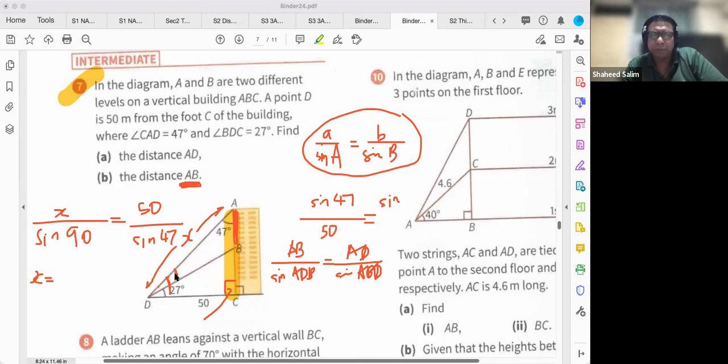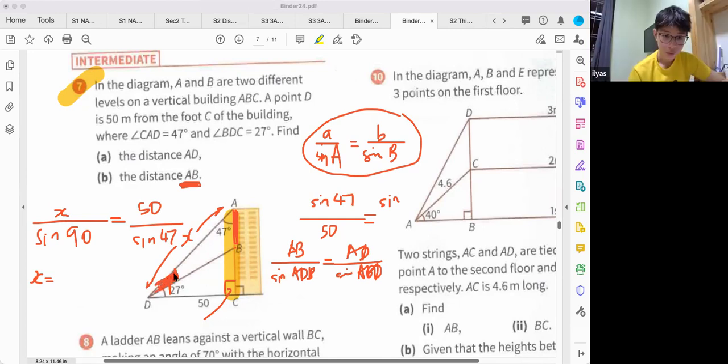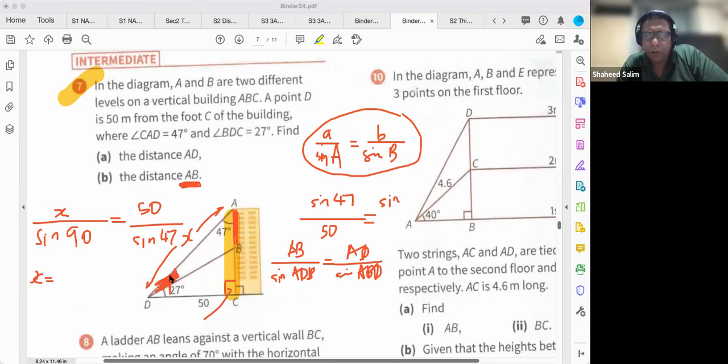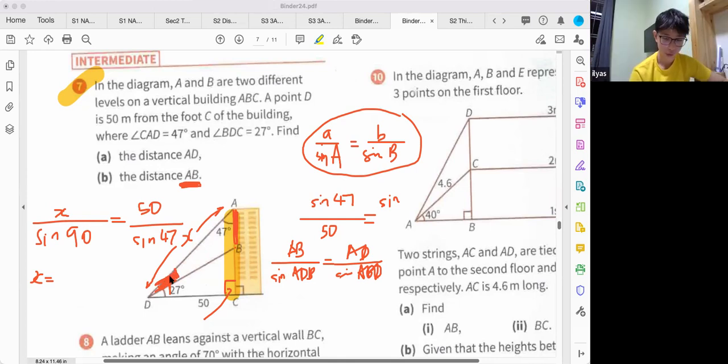You have this angle? You know this angle? Oh yeah. What is it? 90 minus 43 minus 27.